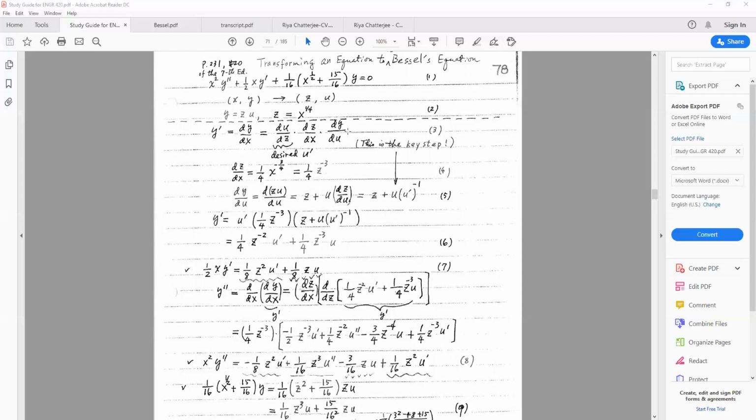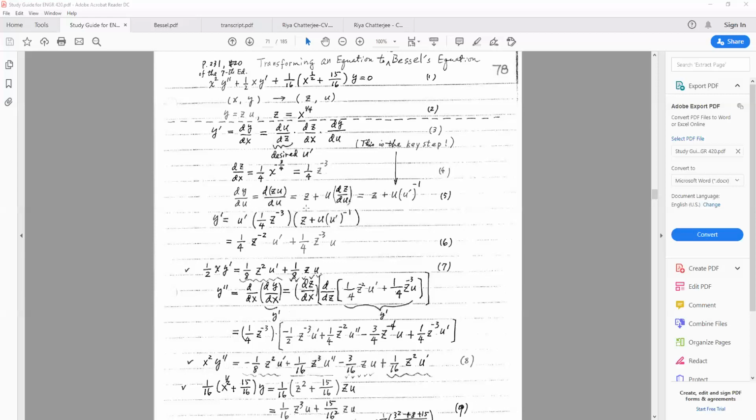And for the derivative of y with respect to u, we can use this given equation, just replace y by z times u here. U is allowed, but then we have to take the product rule to get two terms.